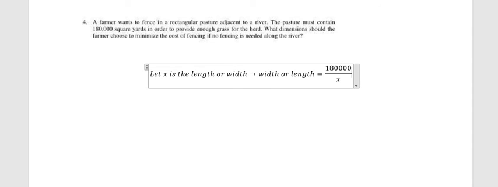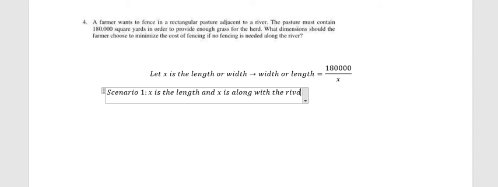So in this situation, we can find the width or length is 180,000 divided by S. Now we need to divide into scenarios. First, S may be the length, or S may be the width, so we don't know which one can minimize the cost. That's why we need to divide into scenarios.